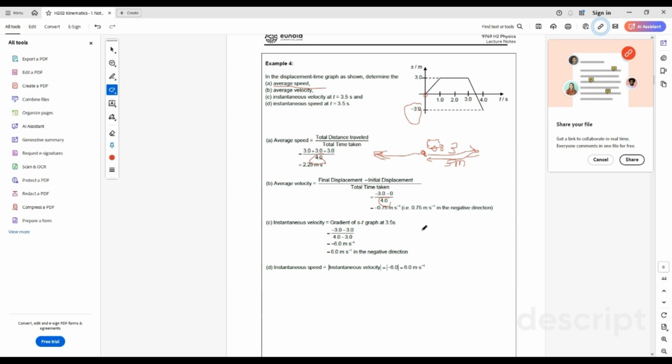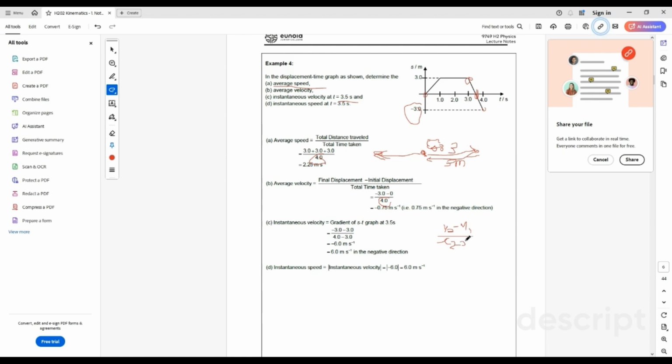And then to find the instantaneous velocity at that point in time, 3.5 seconds, what we have to do is to calculate the gradient at this point. And since this is a straight line, from secondary school, we know that to find the gradient, it's y2 minus y1 over x2 minus x1.